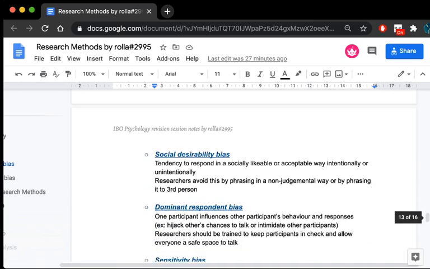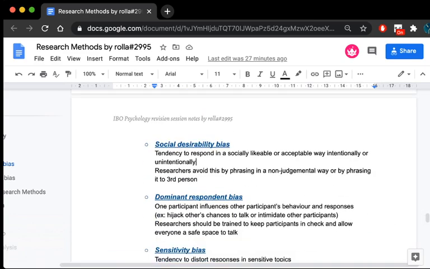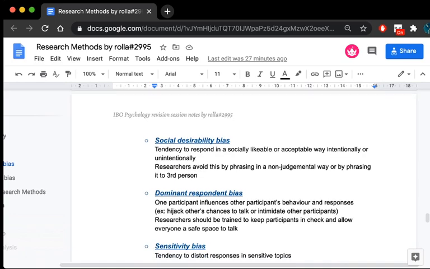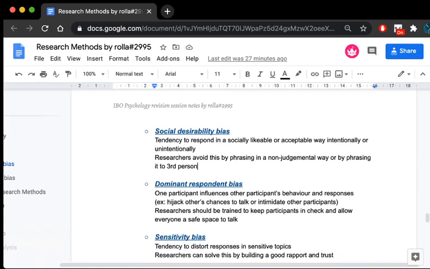Then next we have social desirability bias, which is a tendency to respond in a socially likable or accepted way, because humans tend to respond in a more socially desirable way to get themselves liked more.